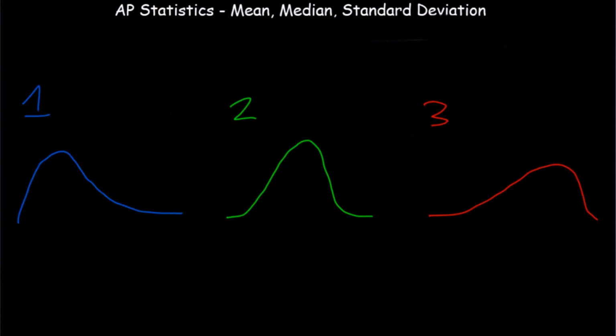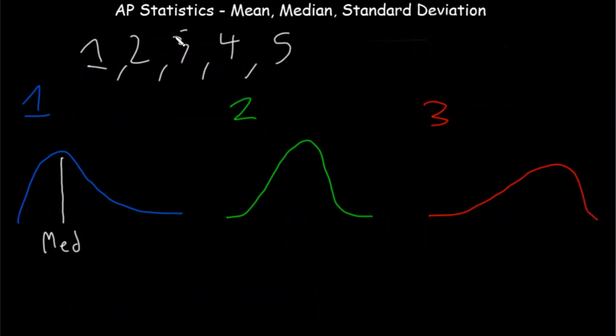Okay, now, looking at the first distribution, we know that our median is going to be somewhere around here. The median, by the way, is the number that is smack in the middle of the distribution when you put them together. So like, say you have 1, 2, 3, 4, 5. 3 is your median because it's in the middle of that data.